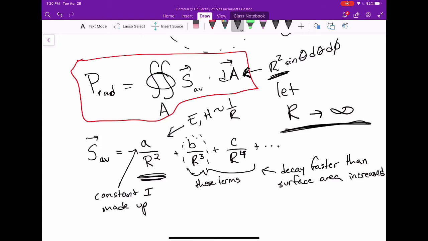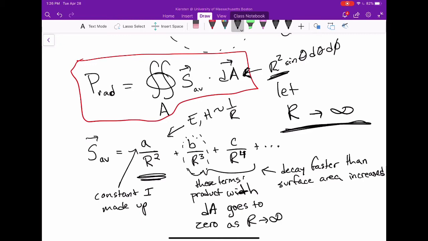The product of these terms with dA goes to 0 as r goes to infinity.